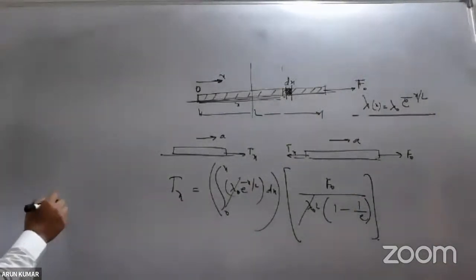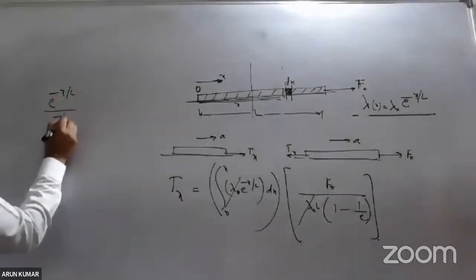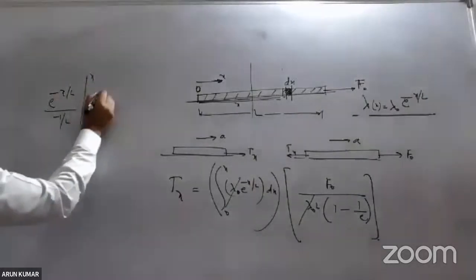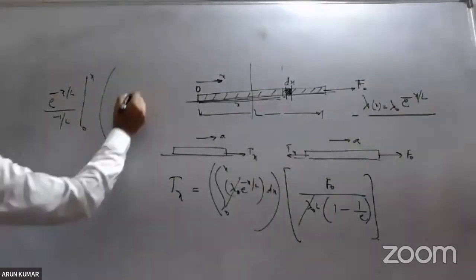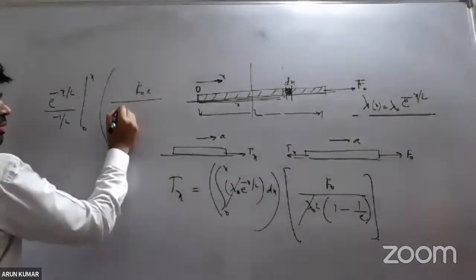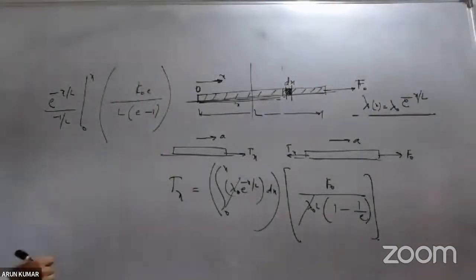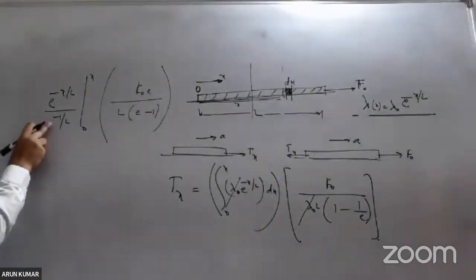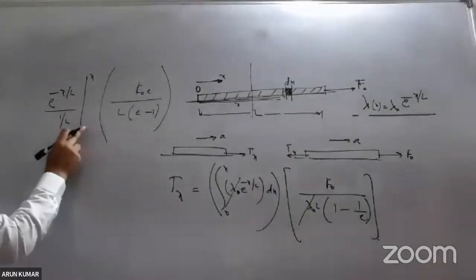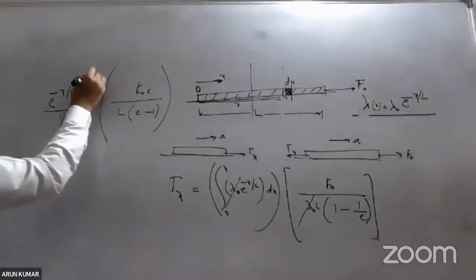So integral 0 to x, e power minus x by L by 1 minus 1 by L, under limit 0 to x, times F naught e by L into e minus 1. Now there is a negative sign here. I'll remove the negative sign and flip the limits. It becomes x to 0.